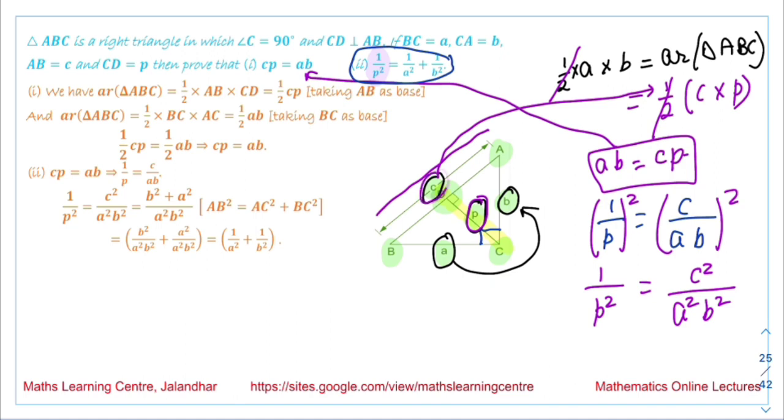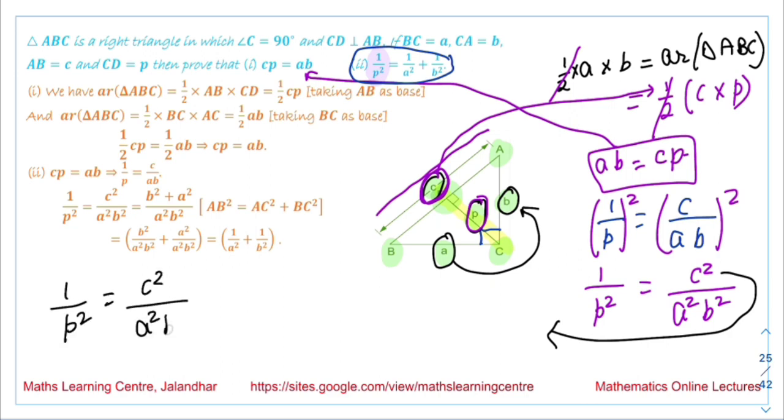Now what is this c square equal to? This is the hypotenuse for this triangle. We have 1 by p square equal to c square over a square into b square, and this c square is equal to a square plus b square. What we have done is separate this numerator over a square and b square.